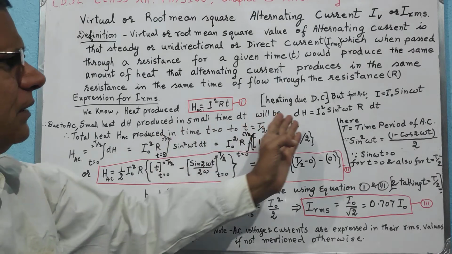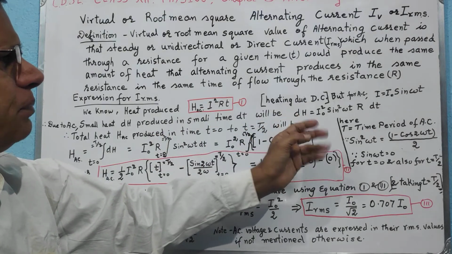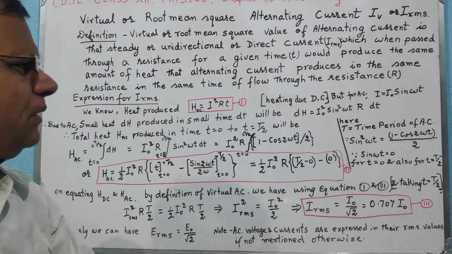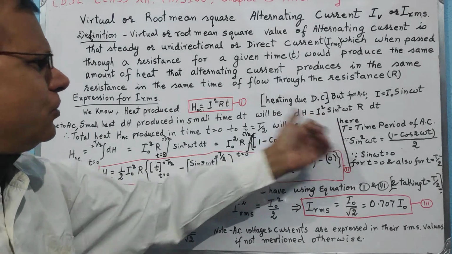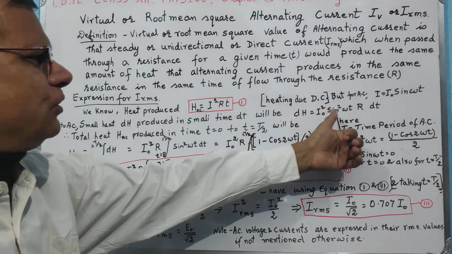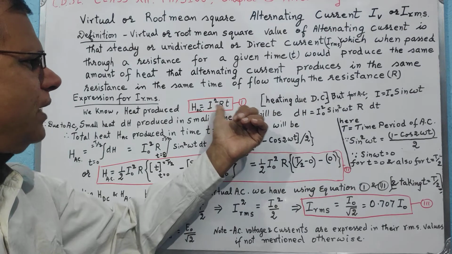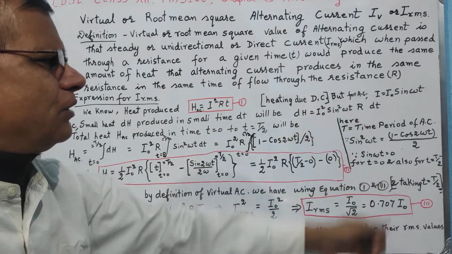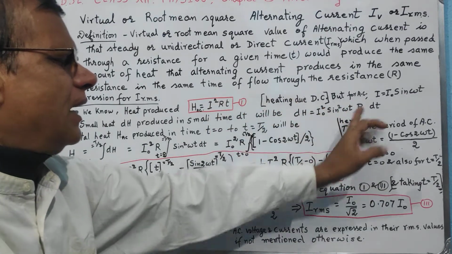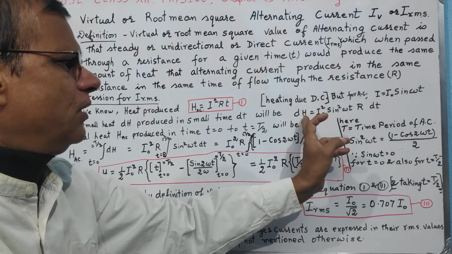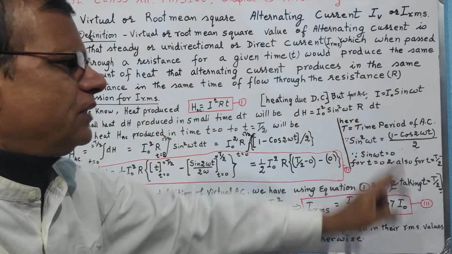Now here you see the total amount of heat produced in a small time duration will be given by say dH is equal to I0 square sin square omega t R dt. We are considering a small amount of heat produced in a small time duration dt.